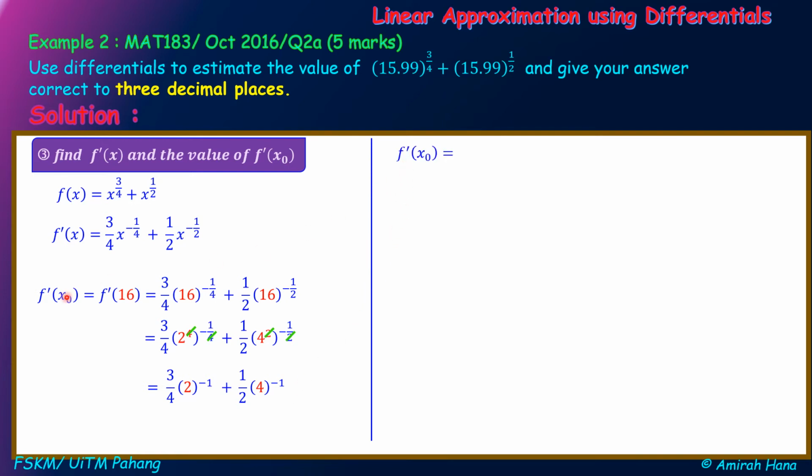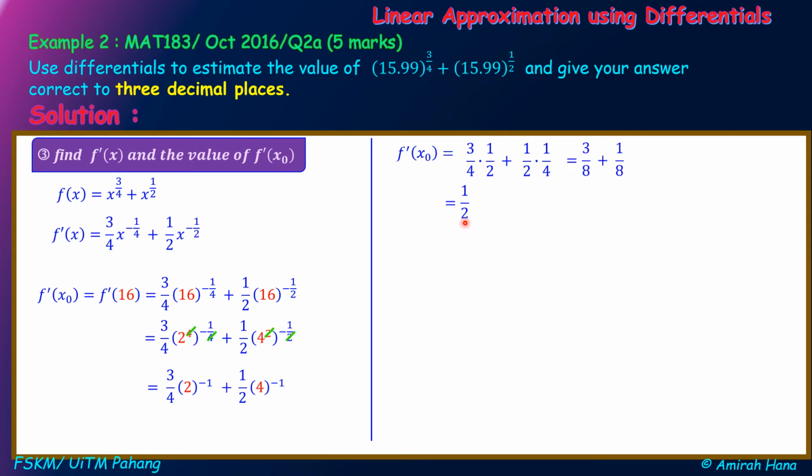Then we can write f prime x naught equals 3 over 4 times 2 to the power of negative 1, from properties of indices equals half or 1 over 2, and then plus 1 over 2 times 4 to the power of negative 1, from properties of indices equals 1 over 4. And then after we simplify, we have half.